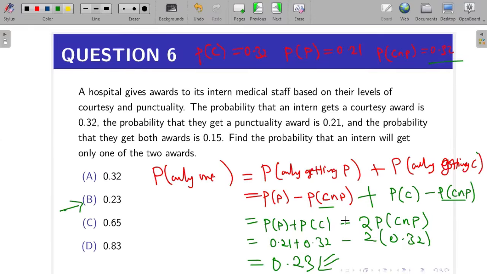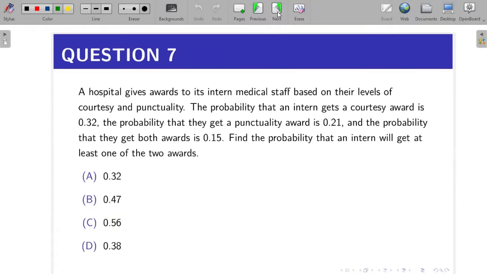Okay, so if there are no questions, I'll move on to question 7, which is still the same question, but here they are asking us what? The probability of P is 0.21. The probability of C is 0.32. Then the probability of C intersection P is equal to 0.15. Here they're saying find the probability that an intern will get at least one of the two awards.